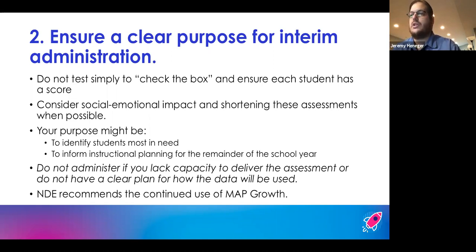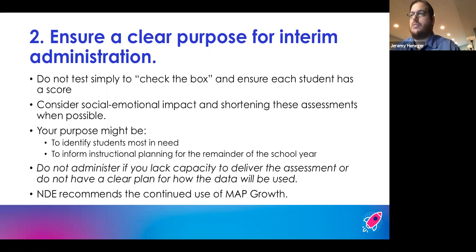Like I said, if the purpose isn't to inform instruction and to identify students and what they need, then we really should take another look and ask, do we need to do these or not? In general, do you have the ability to use this data? If not, then reconsider whether you give that assessment.